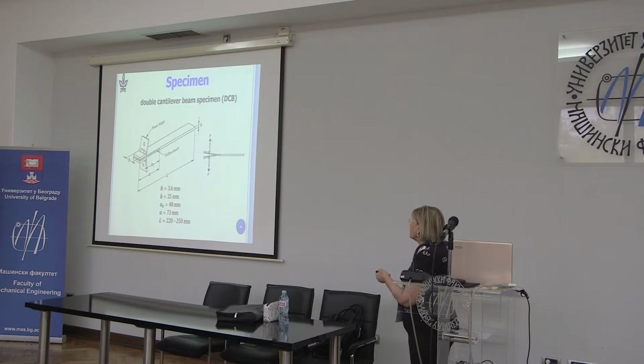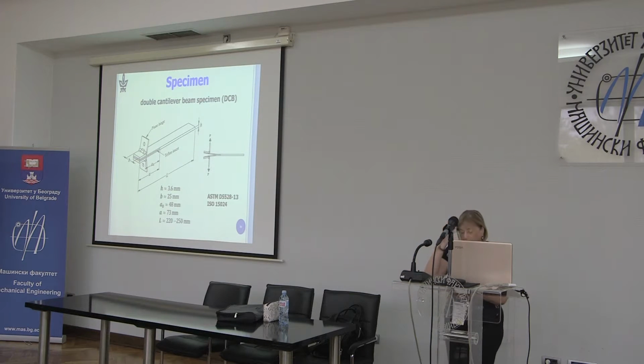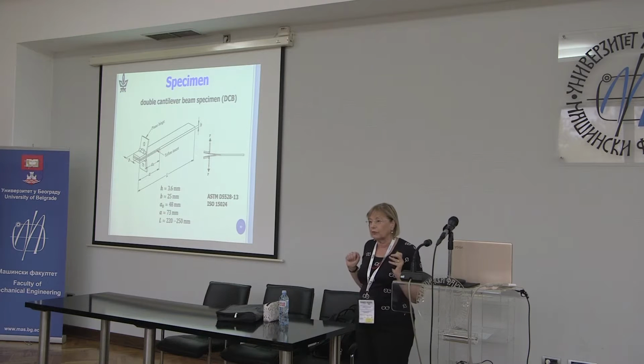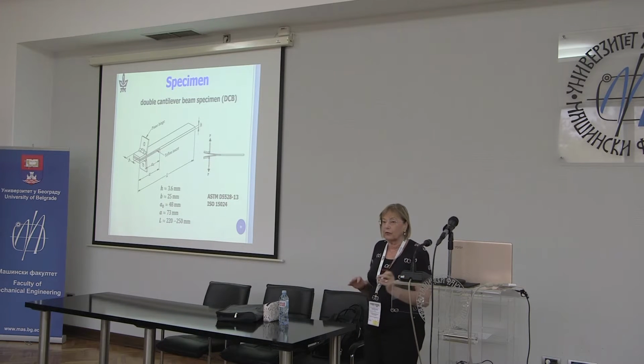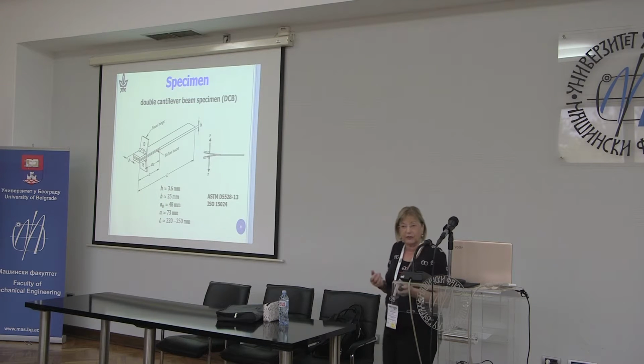We have the length of the initial delamination made by the Teflon insert, and we're following ASTM and ISO standards for carrying out these tests. Now, in those standards, it's only for unidirectional material. We're using this as a basis. We have multi-direction material, which leads us to our interface delamination.